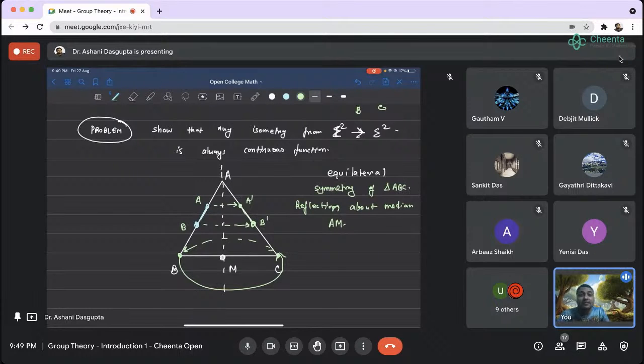And in fact, one can show that the set of all symmetries of equilateral triangles is a group.